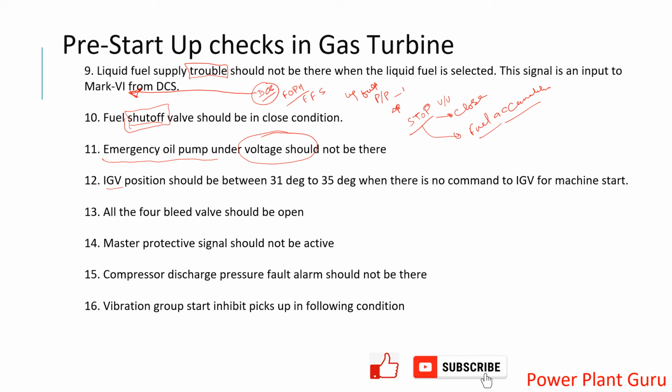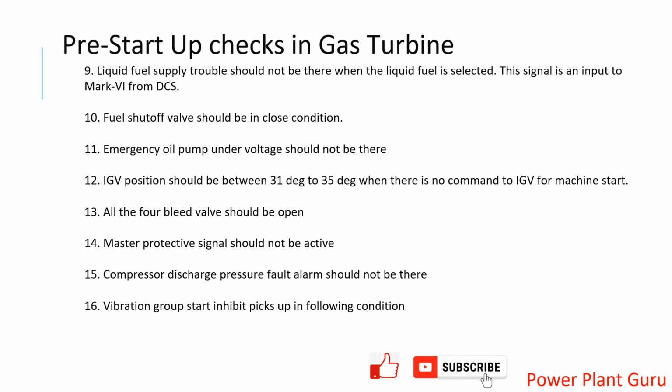The next one is IGV position. You know that it should be at the minimum, maybe 34 degrees C or whatever is there for that particular machine.